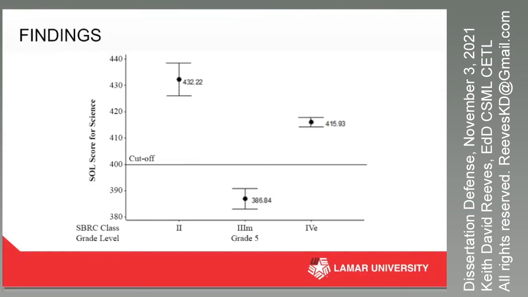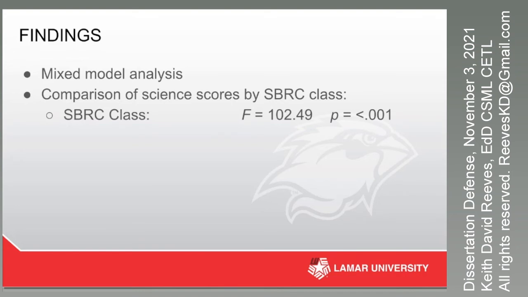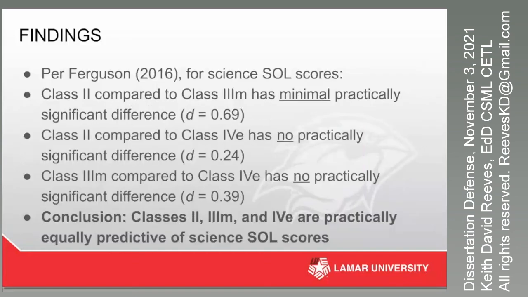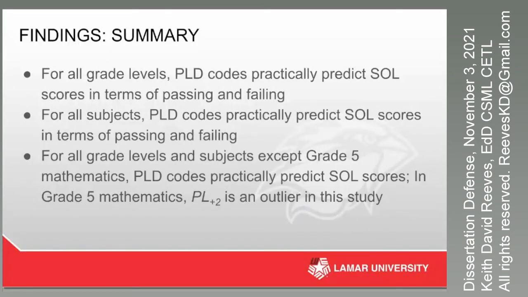Here's science visualized in the really small range between 380 and 440 points. While the relationship is again statistically significant, the d values are very low, meaning that the three classes are again practically equally predictive of science SOL score.